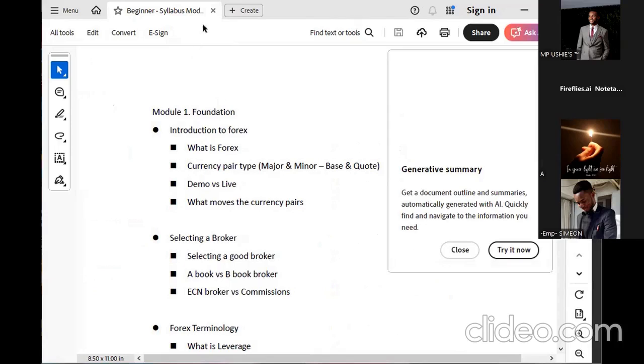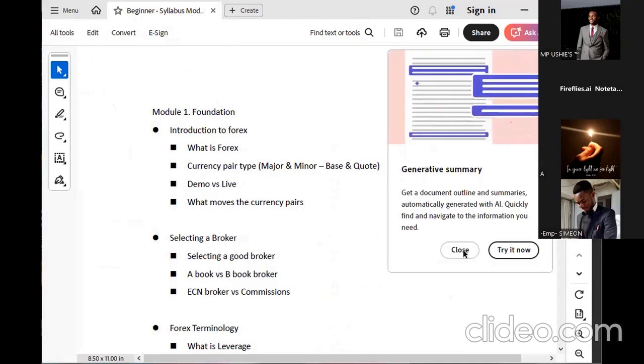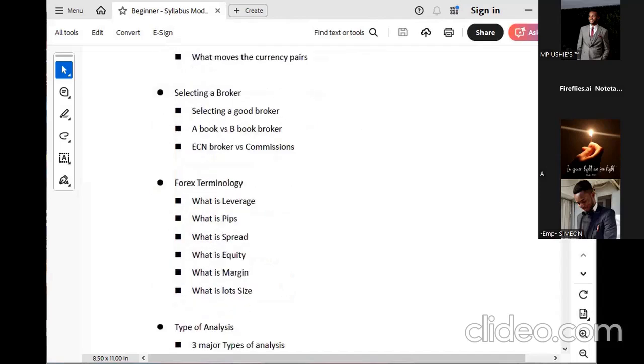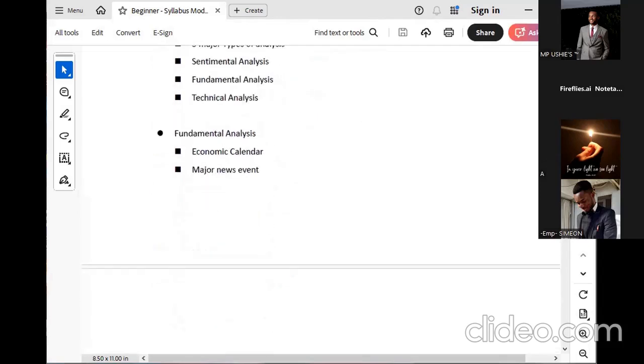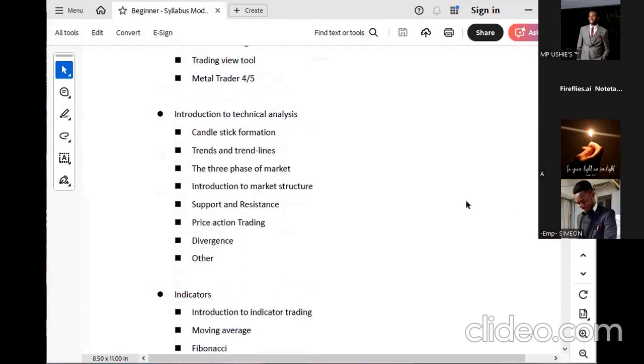So the assignment that was sent, Abel, you didn't submit your assignment. What happened? I cannot use TradingView on my system. Why can't you use TradingView on your system?